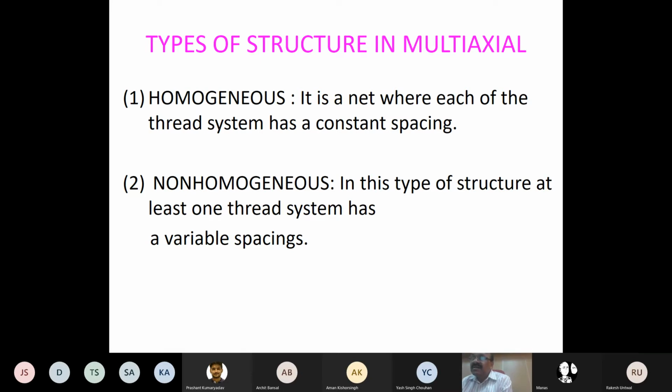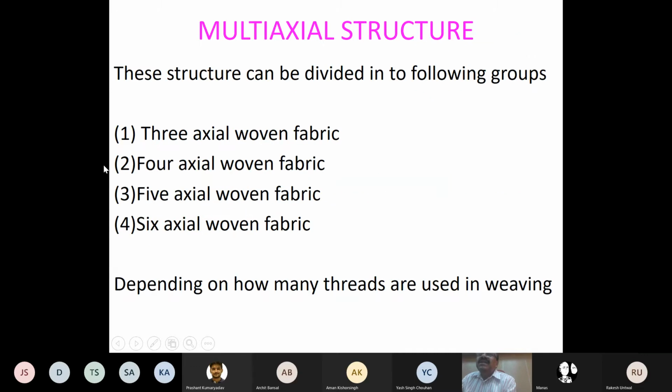Means in one direction, if you have 10 threads, all the 10 threads are placed at equal distance. The spacing is equal, then we call it homogeneous. But if the spacing is not equal, then it is called non-homogeneous. And I will show you by the diagram what is homogeneous, non-homogeneous, and what is all these 3 axial, 4 axial, 5 axial, and 6 axial.